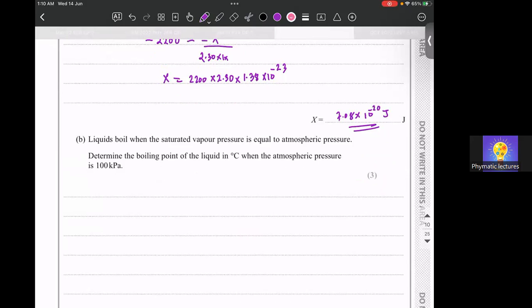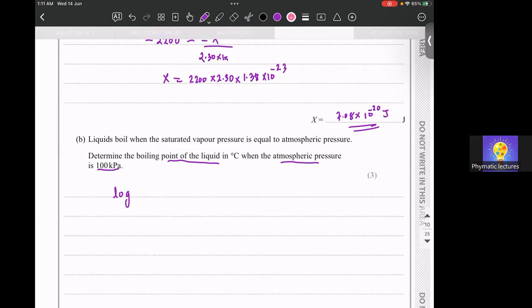Now, a liquid boils when the saturated vapor pressure is equal to atmospheric pressure. Determine the boiling point of the liquid in degrees Celsius when atmospheric pressure is 100 kilopascal. So you can use the same graph itself.